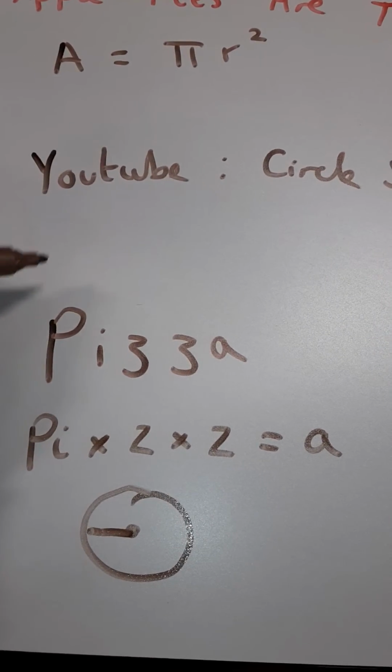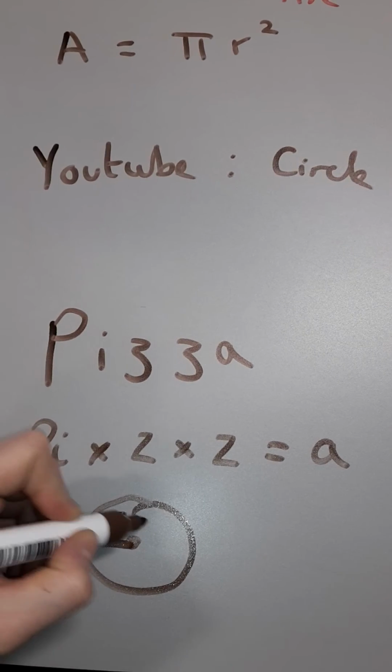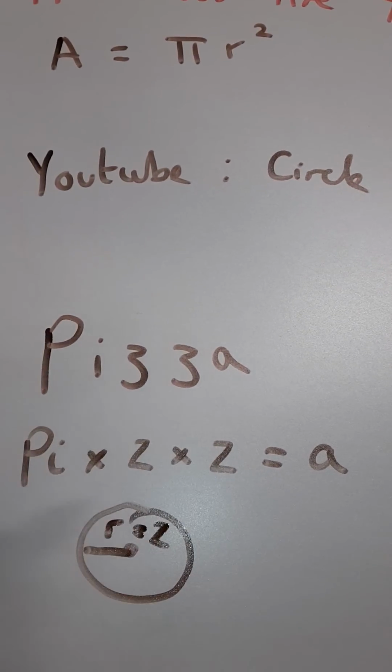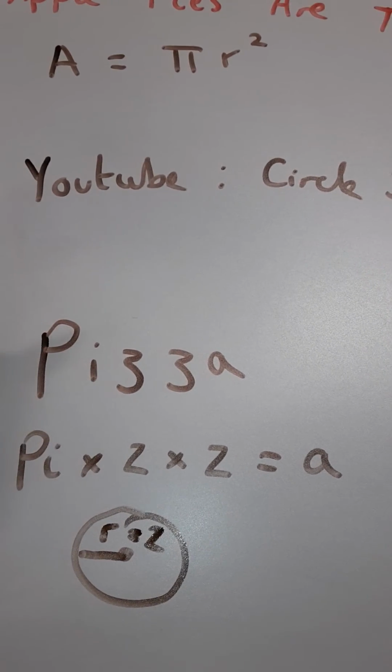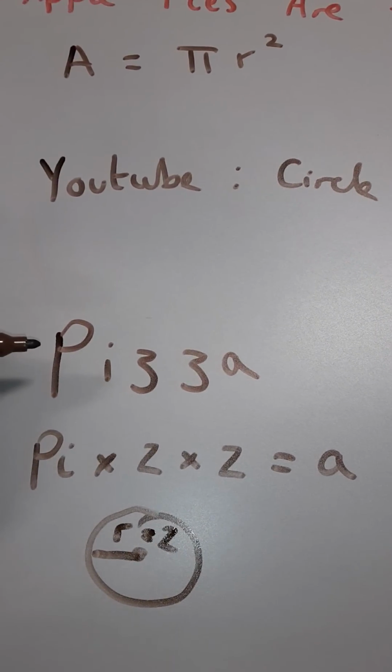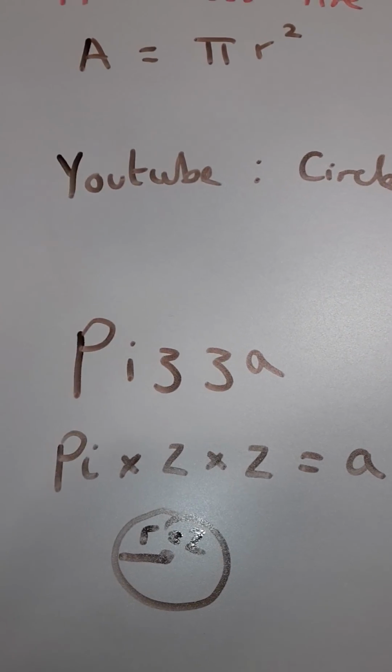Now, if you can remember the area is pi times your radius, which is the same as z times itself, and that's for area, then you should be able to remember that circumference is the other one, in case you get the two confused.